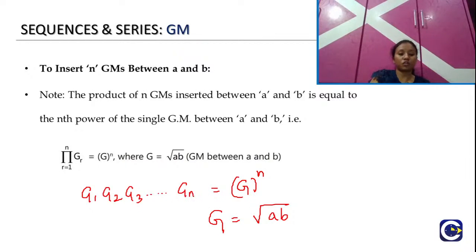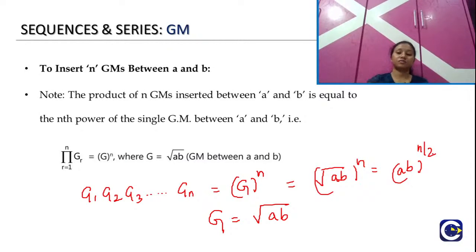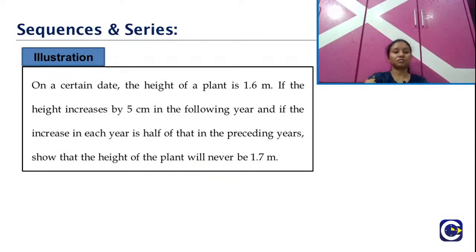That means the product of all these inserted n geometric means will be equal to root over AB power n, which is AB power n by 2. So this is how we can easily figure out the product of the inserted n geometric means between two positive numbers A and B.